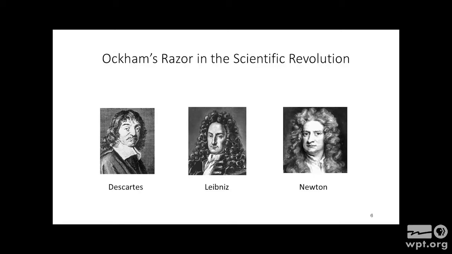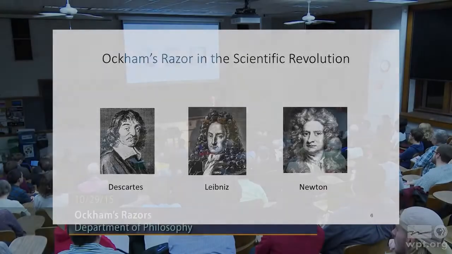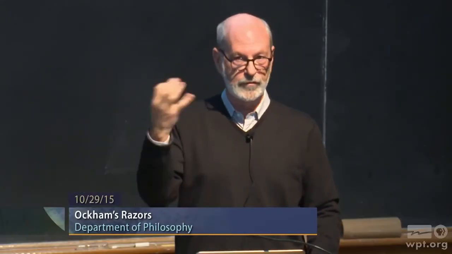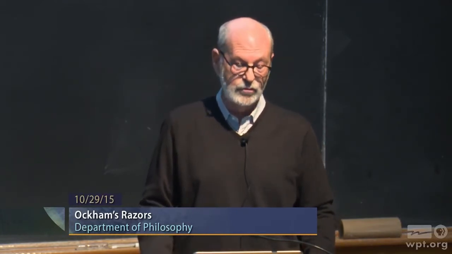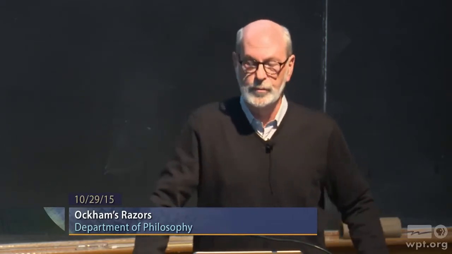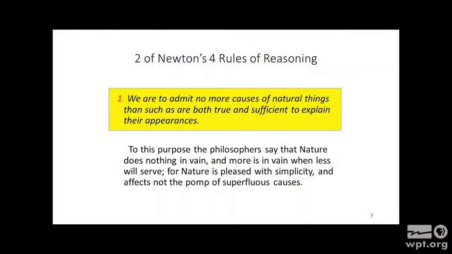So I'm going to say a little bit about one of these guys and give you a picture of how he understood Occam's razor, which was not unique to him. And then I'm going to fast forward to now and talk about a very different way of thinking about this idea.